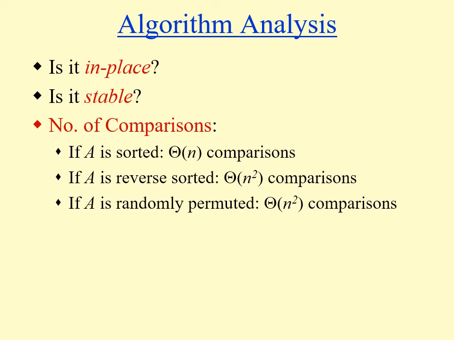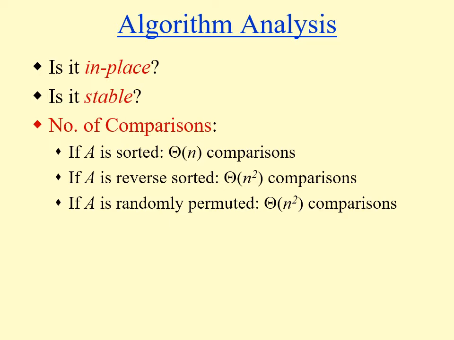If it's totally unsorted, then it's theta of n squared. We have to do the analysis, because each of line 5 and line 6 will be executed for every i, till i equals 1.